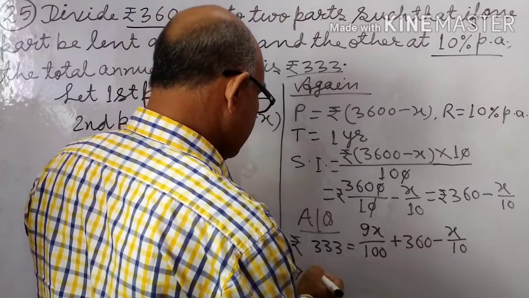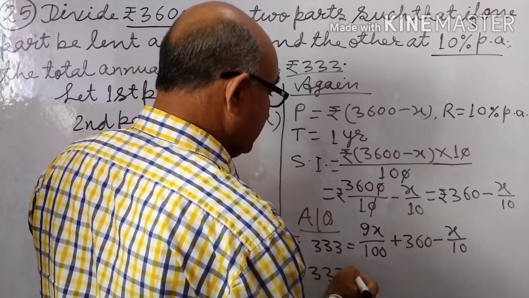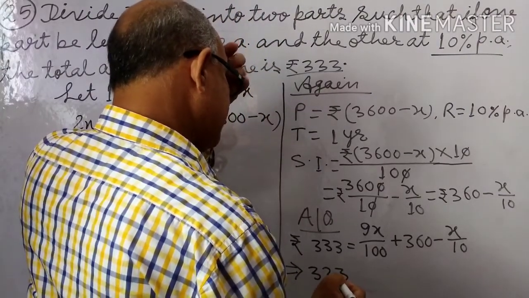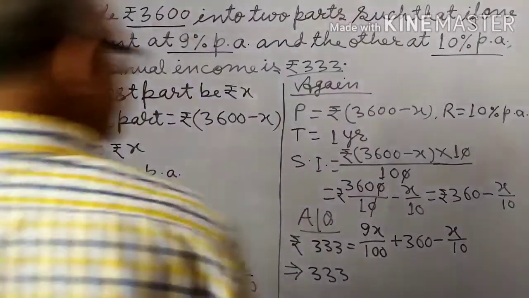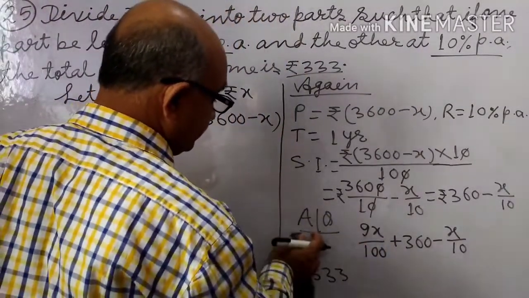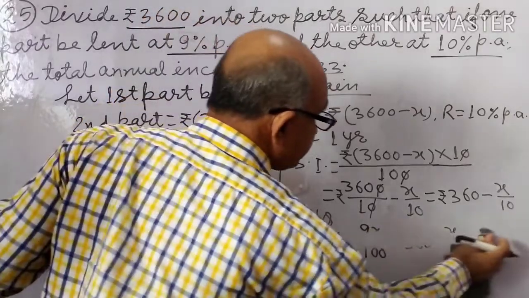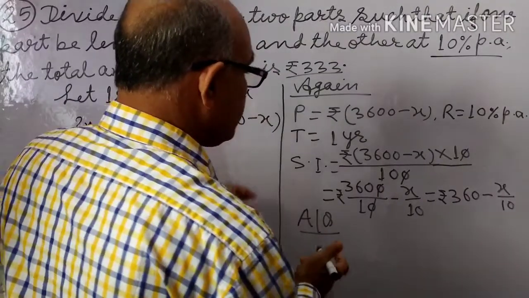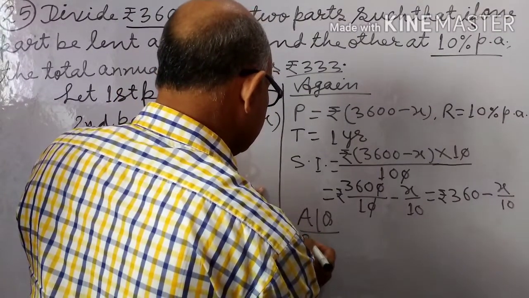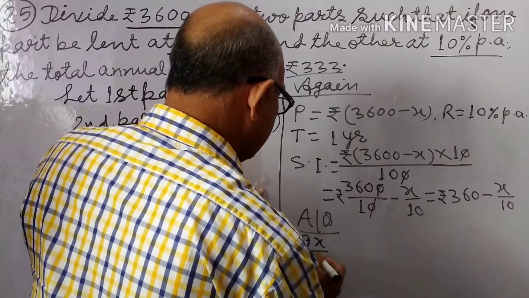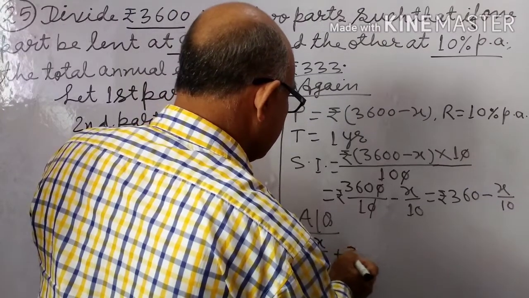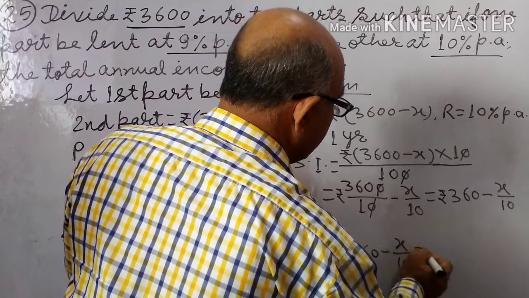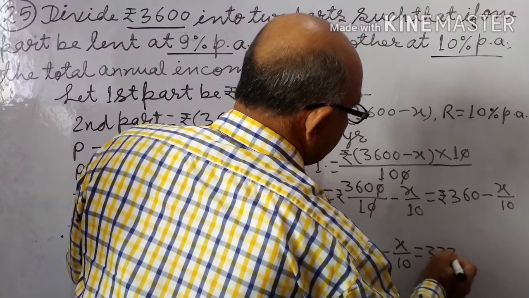That implies 9x by 100 plus 360 minus x by 10 equal to 333.